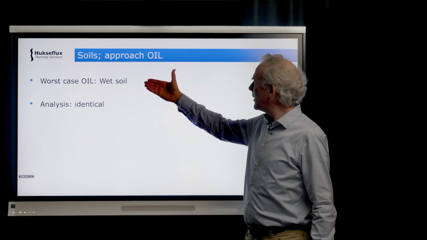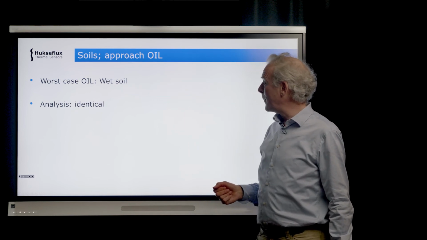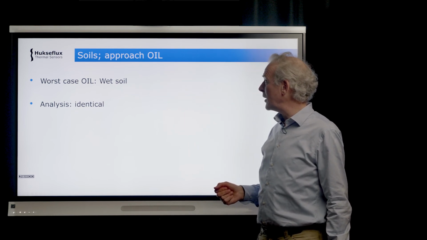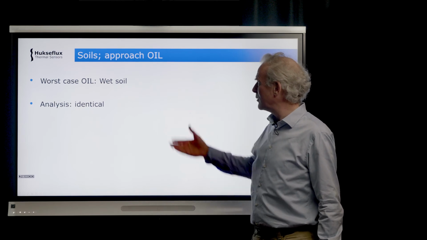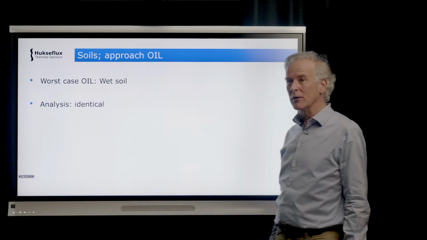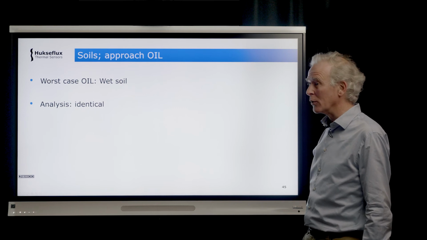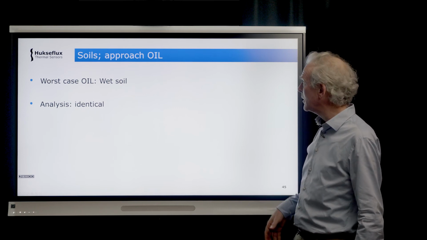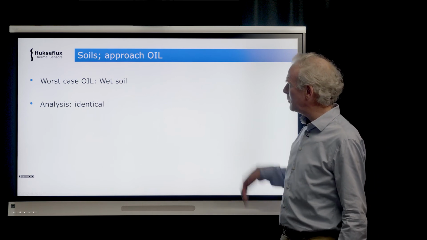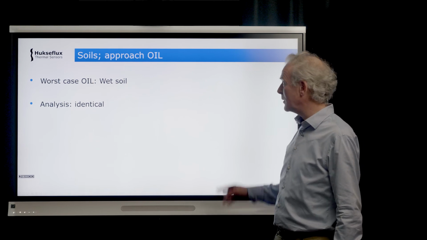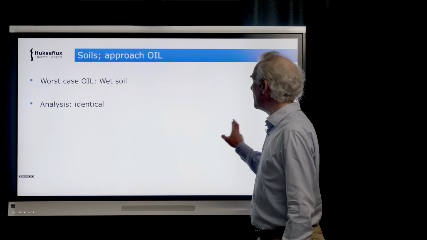In oil applications, as we already discussed, wet soil is the worst case situation, but the analysis of soil thermal conductivity is basically identical. The only thing is that the focus might be on the saturated situation rather than the dry.